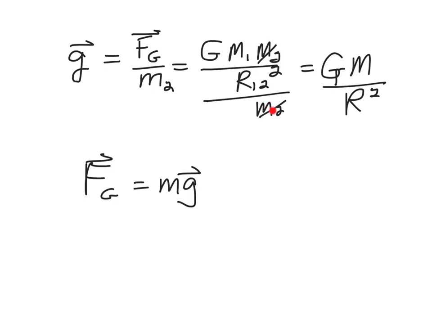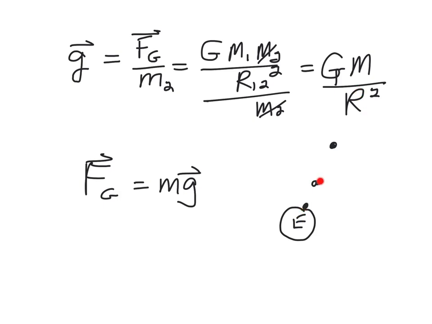And so the second mass divides out, and this becomes, for any point mass, the force of gravity due to any mass m at a distance r from the center of that mass to any point is what we define as g. So if we wanted to find g at the surface of the Earth, we'd use this equation. We'd put in G, the mass of the Earth, and the radius of the Earth, because it would be the distance from the center to here.